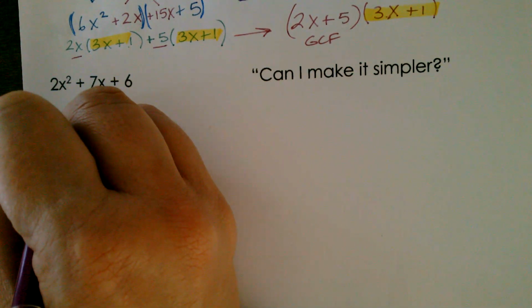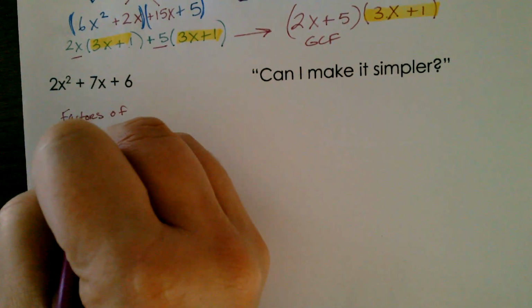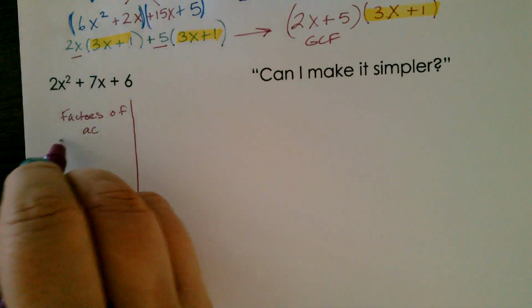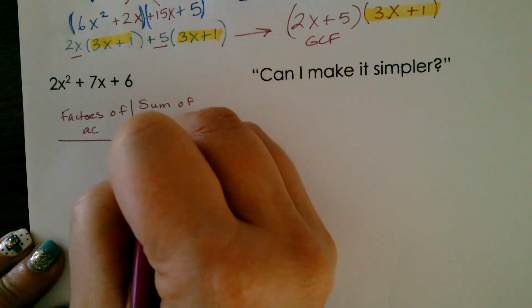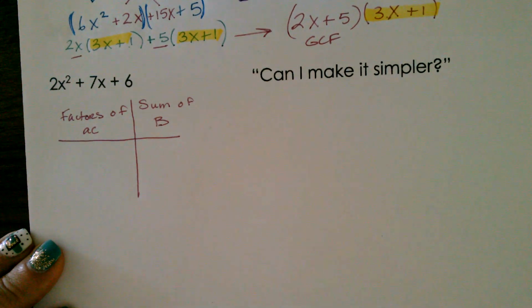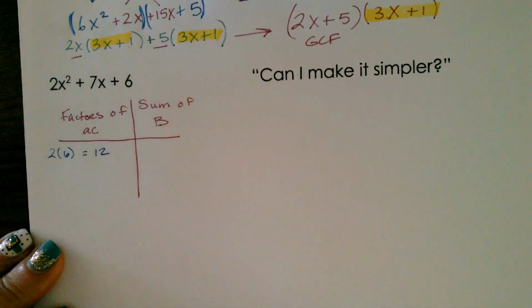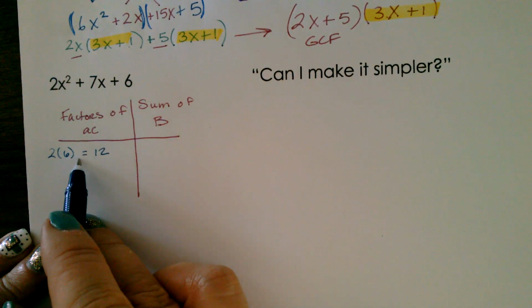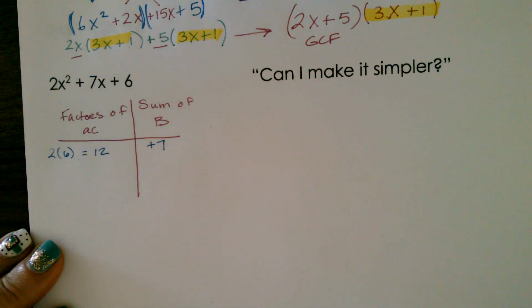I'm going to make a chart, factors of A and C that create a sum of B. Well, 2 times 6 is 12. So I need factors of 12 that add to 7.